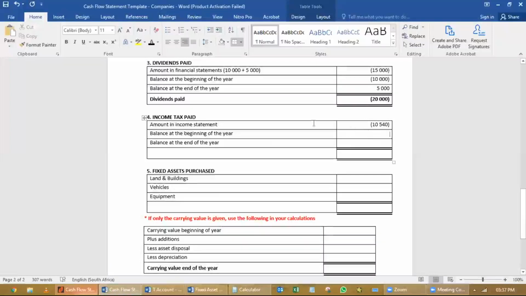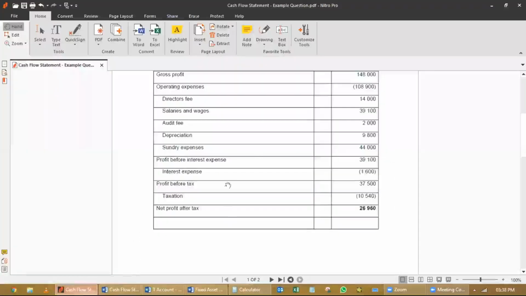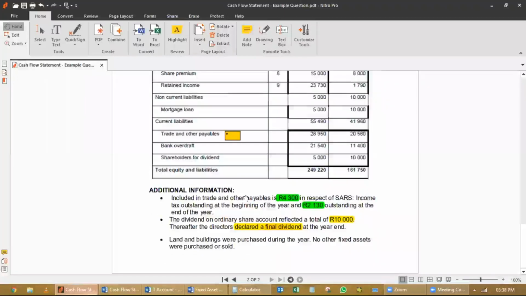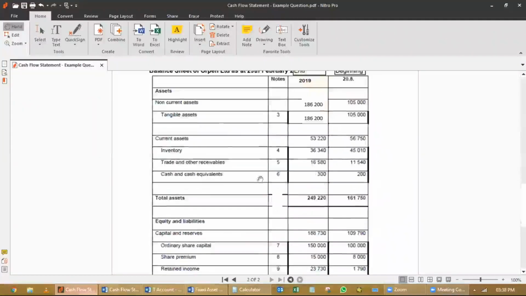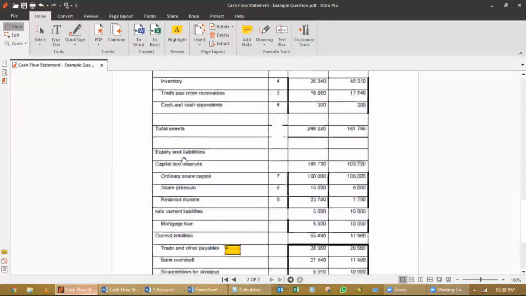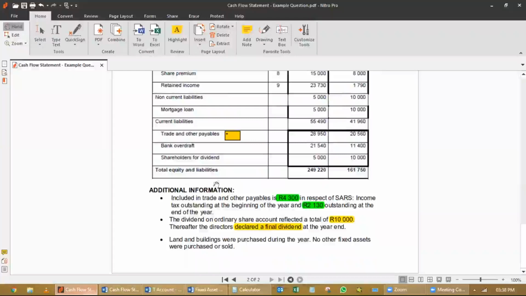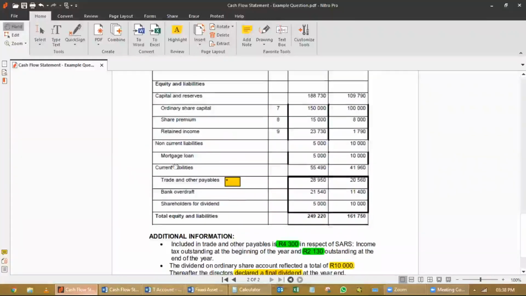Right. Then, what is my income tax balance at the beginning of the year and my balance at the end of the year? Right. So again, we know that income tax, okay, we had an adjustment for that where our additional information was here. Because the income tax we've dealt with on the income statement. Nowhere else on this information, except for our additional information, do we have anything about tax.